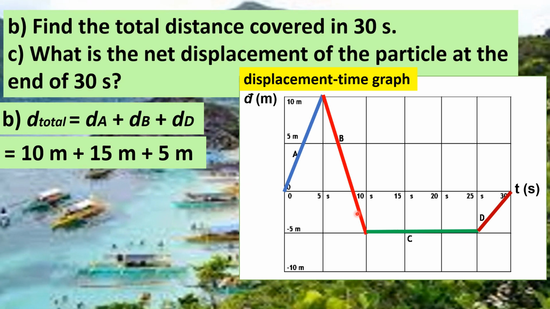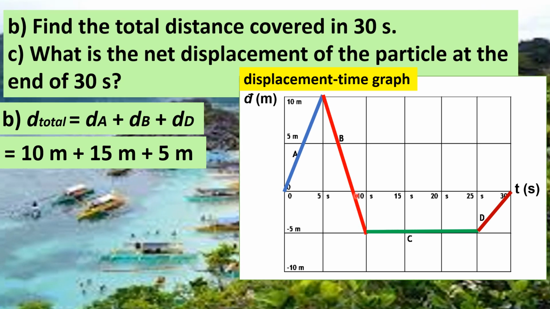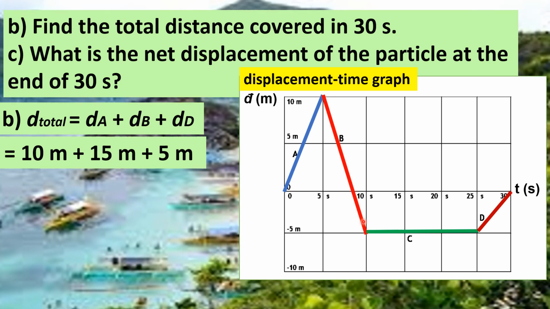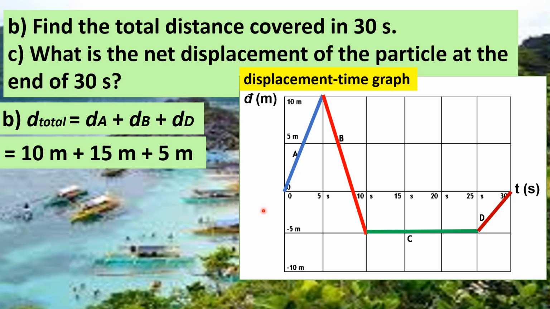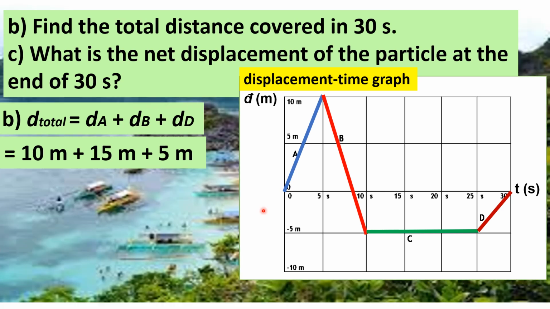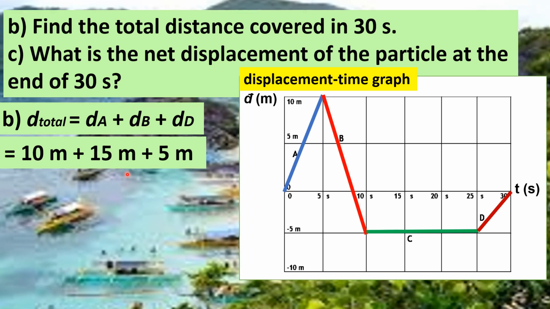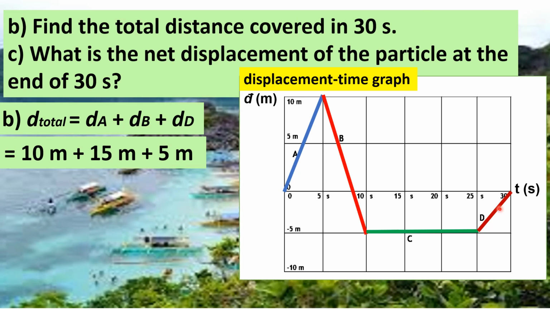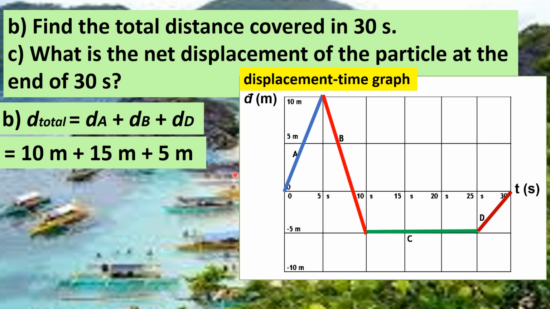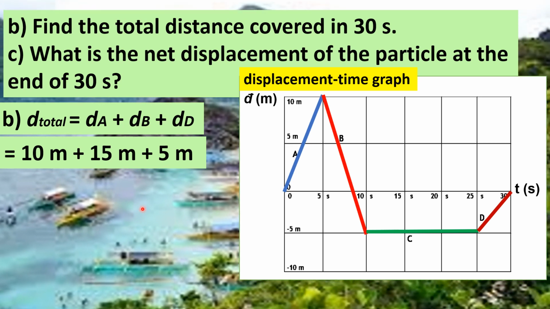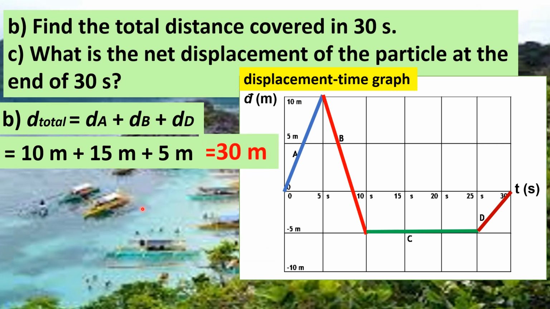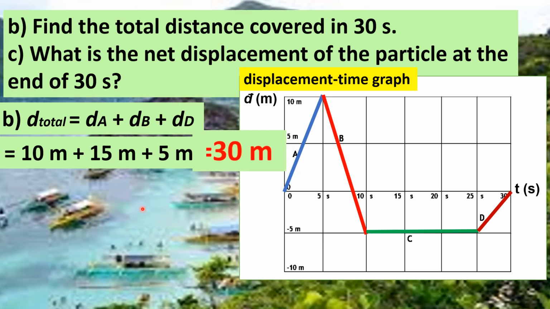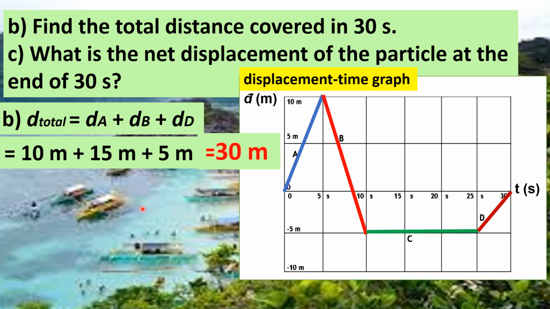And then the second part of that segment, from about 7.5 seconds to 10 seconds, it also has traveled 5 meters. So that's a total of 15 meters. And lastly, for segment D, that's equivalent to 5 meters. So for a total of 30 meters. That's the total distance covered during that time interval, 0 to 30 seconds.